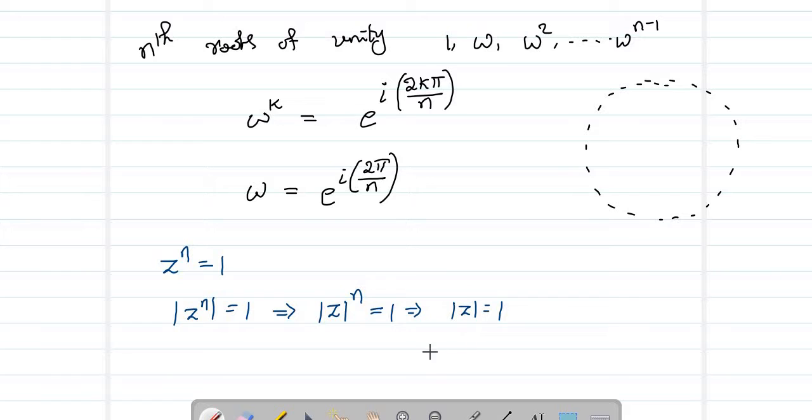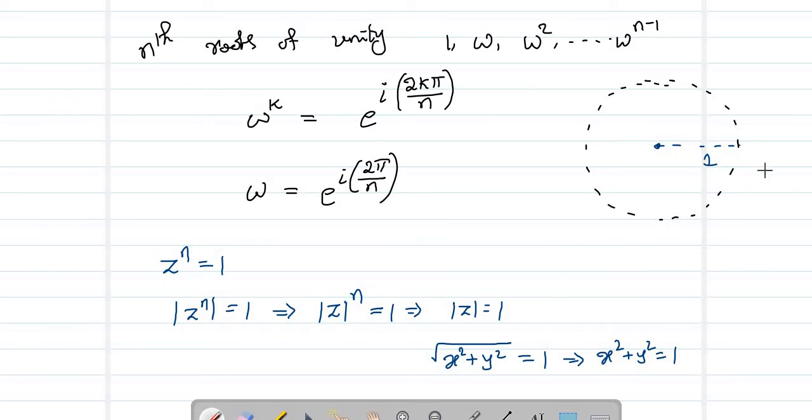And the geometric property of mod z equal to 1 is a unit circle. We know what mod z is, right? Mod z is nothing but square root of x square plus y square. Square root of x square plus y square equal to 1 implies x square plus y square equal to 1. So this is exactly the representation of a circle centered at origin with radius 1. Okay, so this will give you a unit circle.